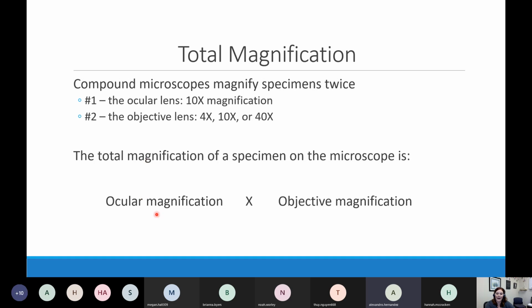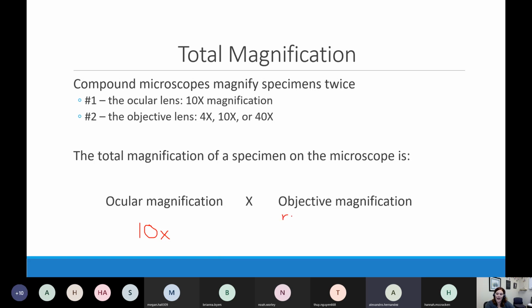We take the power, or the number for those oculars, and we take the power from the objectives, and we multiply them together. So every single time, my oculars always make things 10 times bigger, because the oculars don't change. But the objective power will change.